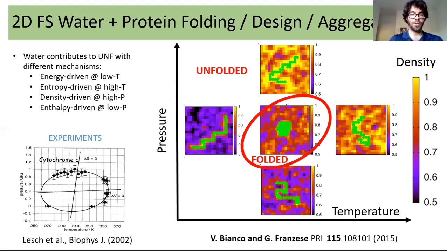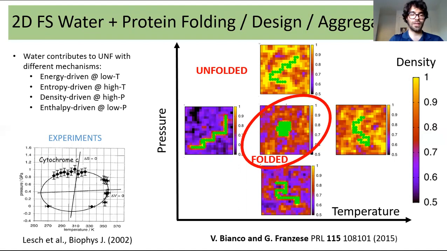Here, as a first example, we have the folded to unfolded transition. In theory, it is predicted that the stability region has an elliptical shape in the pressure-temperature phase diagram.